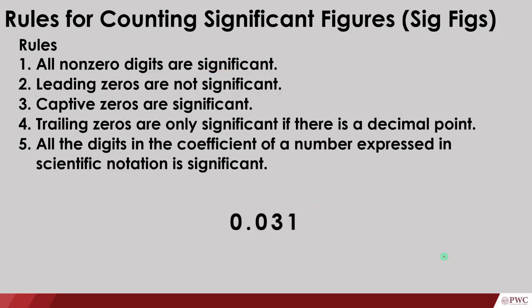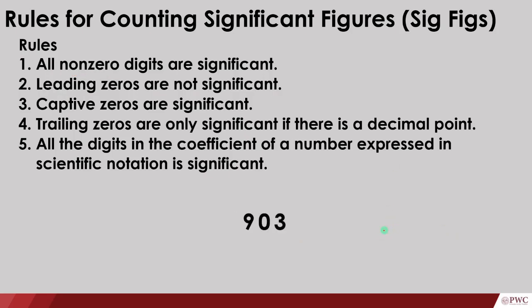Next, we have this number, 0.031. So 3 and 1 are significant because they are non-zero digits. And then here we have zeros. These zeros are before, and before zeros are leading zeros. So these zeros are not significant. So overall, we only have 2 significant figures on this number.